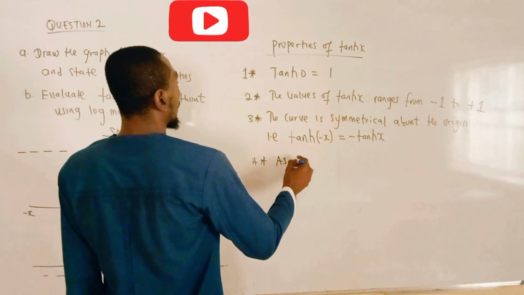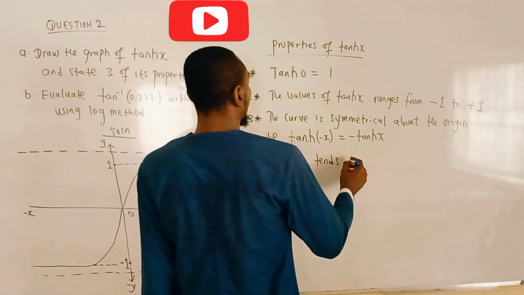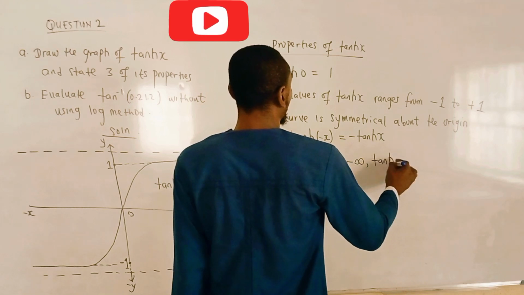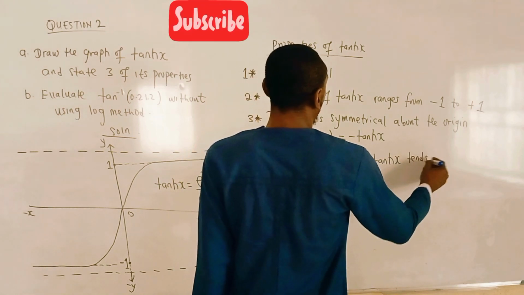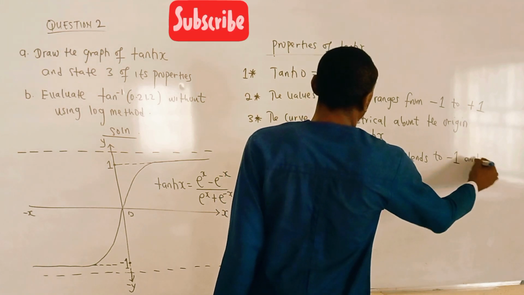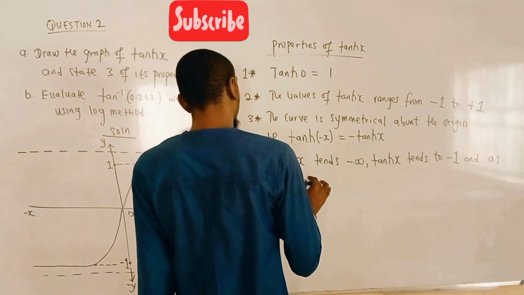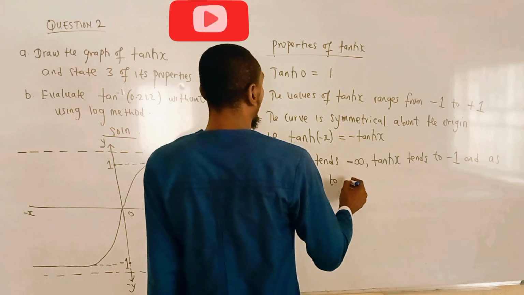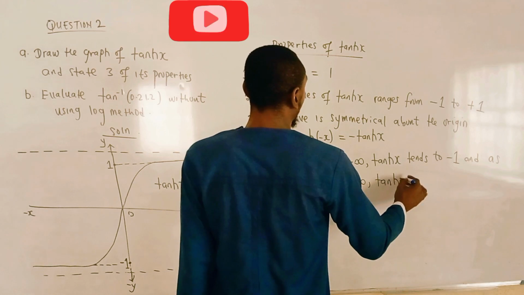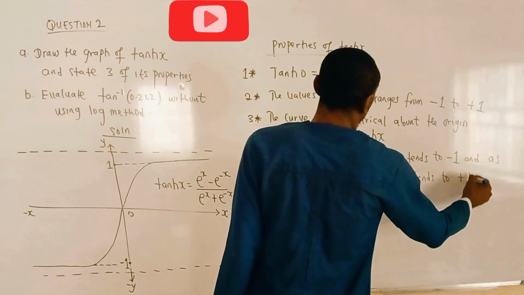As x tends to negative infinity, tanh of x tends to negative 1, and as x tends to positive infinity, tanh of x tends to positive 1.